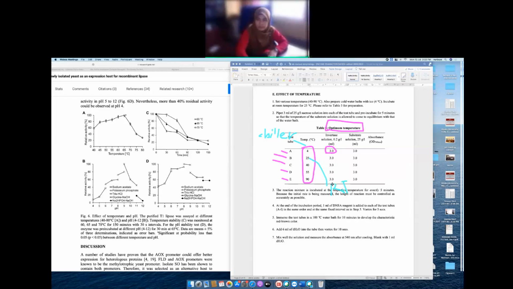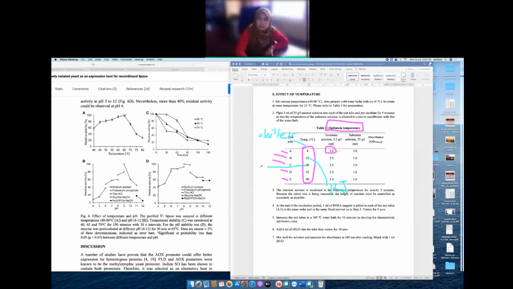But to make it best, we should find an incubator at 25 so that we record exactly the temperature, not just room temperature, which is very subjective. Room temperature in different places, during summer or winter, will give you different temperatures. So we need a 25 degree incubator.